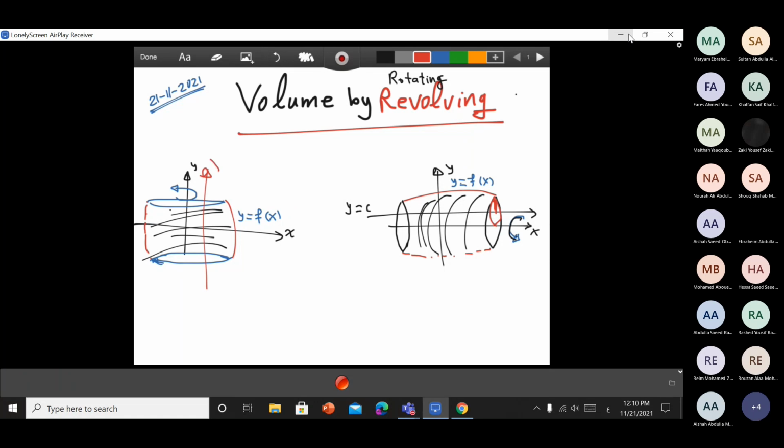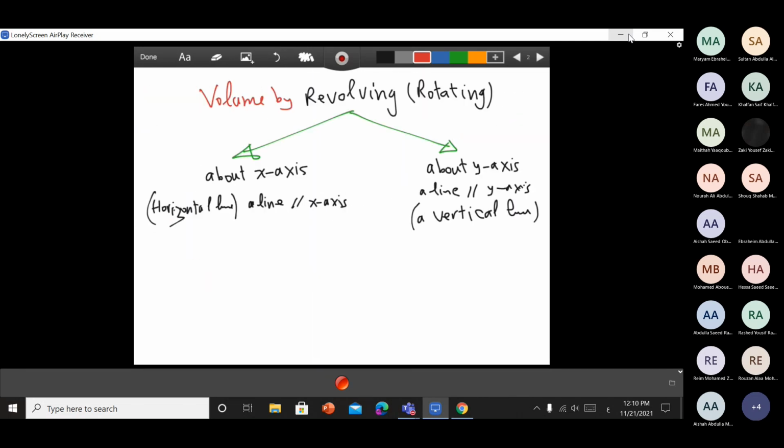The vertical line equation is x equal to constant, right? So when you're revolving about here, you will have the radius up to this line, okay? Fine, so we know revolving or rotating, we are rotating the shape given by the curve y equal to f of x about x-axis or about y-axis or parallel line to x-axis or y-axis.